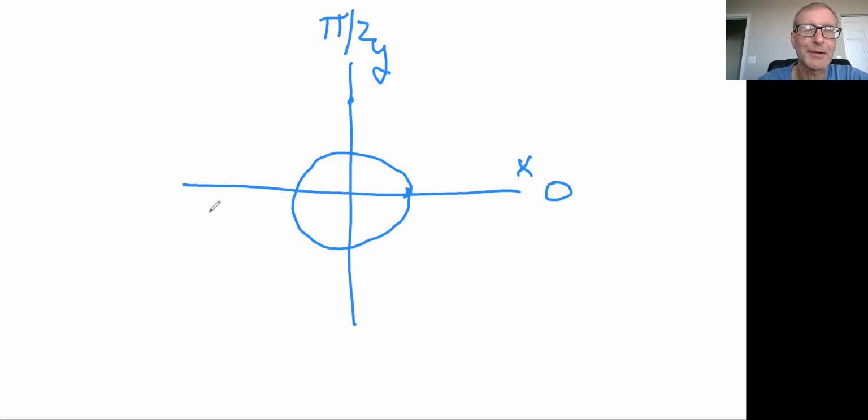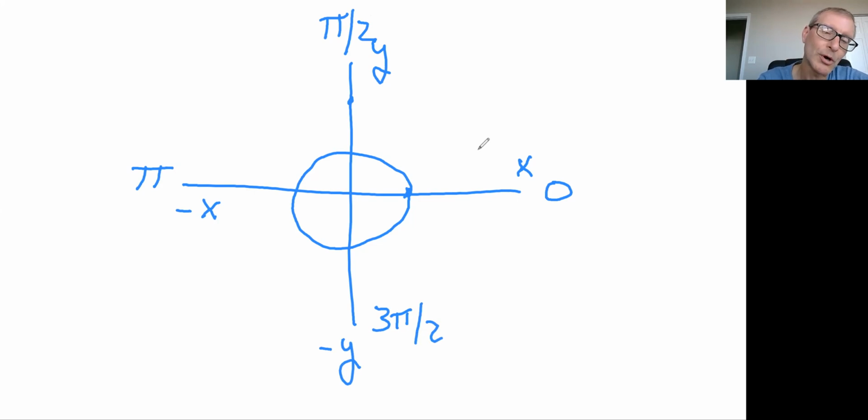If you go all the way to the negative x-axis, this would be pi. If you go all the way down to the negative y-axis, this would be 3 pi over 2. And then if you continue all the way back, one complete revolution, we would measure that angle as 2 pi.